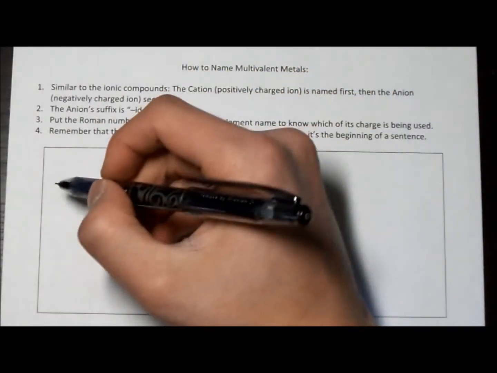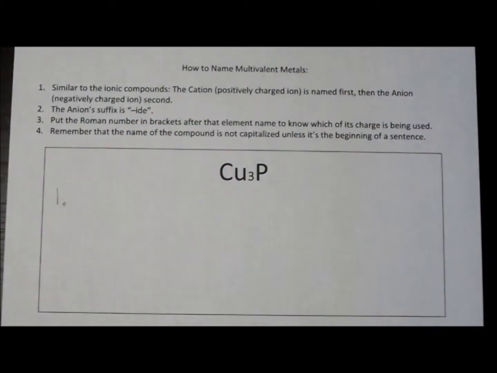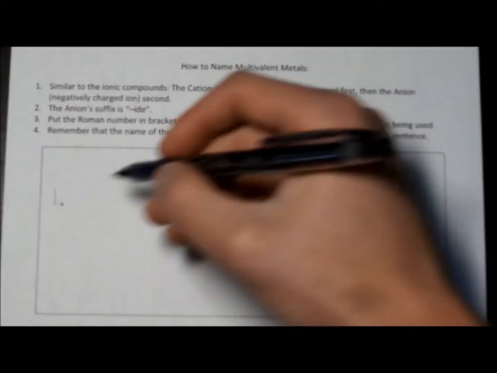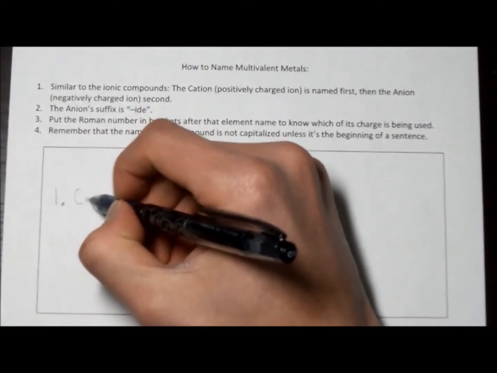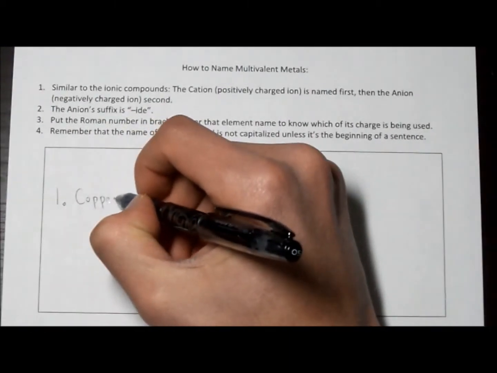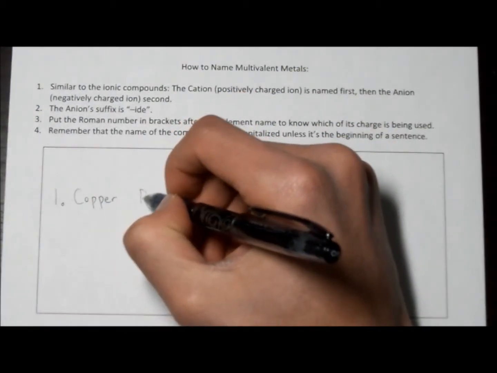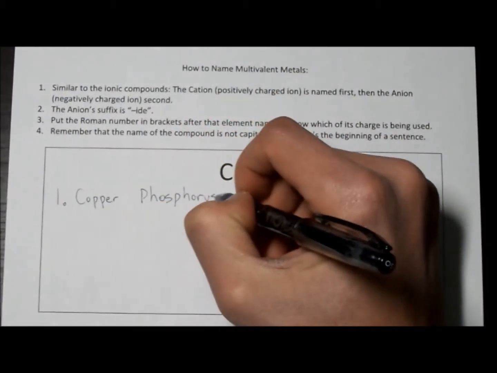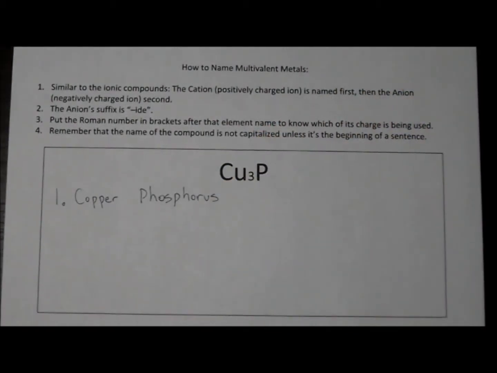So the first step, we're just going to write the name of the element only. No modifications. So copper and phosphorus. The second step, we're going to change the suffix, the ending, of the anion only, making no changes to the cation.